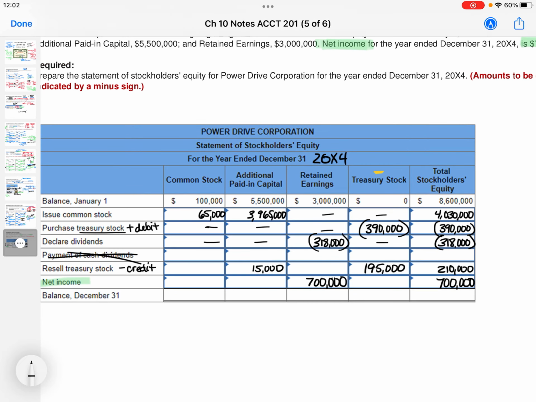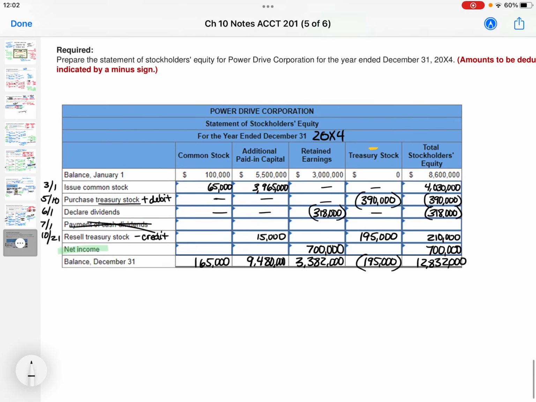Okay, and I think Connect will do this automatically for you, but these totals will pop in, and then I'll tell you the note that I wanted to give you on this problem. The balance in the treasury stock is still negative because we still have treasury stock. There we go. Did I write that right? Okay, there we go. There's all the totals that just popped in there.